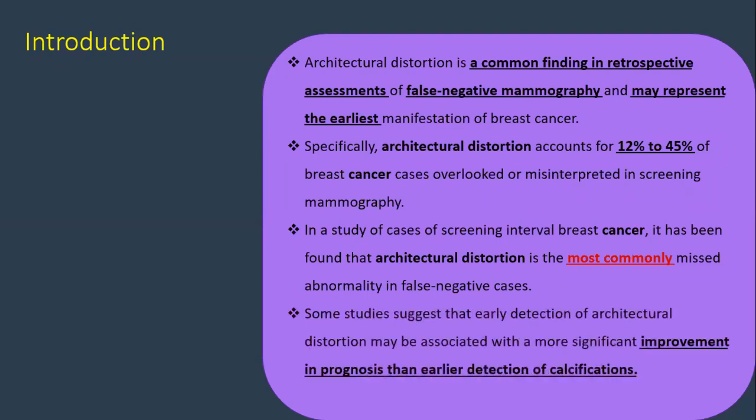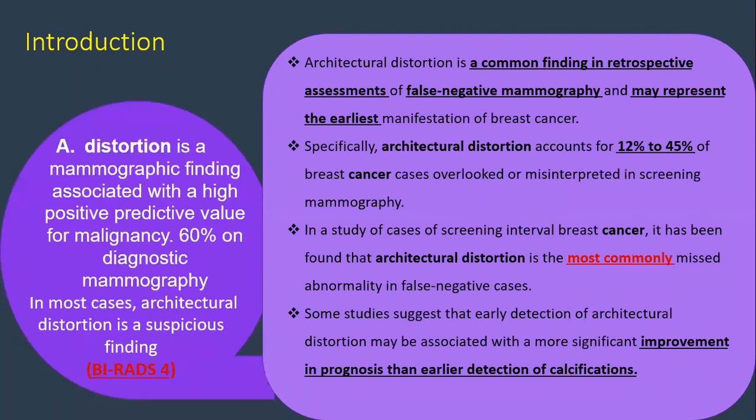And some studies suggest that early detection of architectural distortion is more important than early detection of calcification. Why? They found it gives a more significant improvement in prognosis of breast cancer than the early detection of calcifications. Architectural distortion is a mammographic finding associated with a high positive predictive value for malignancy.